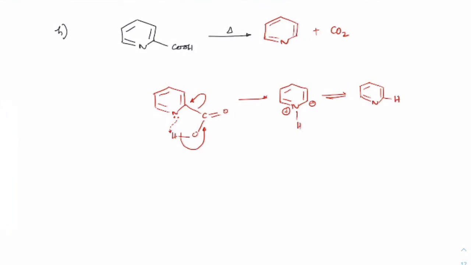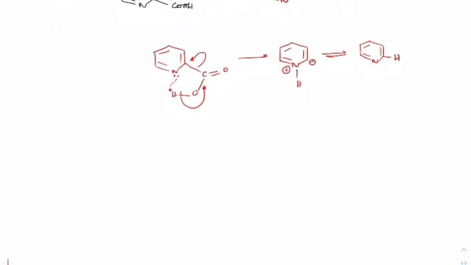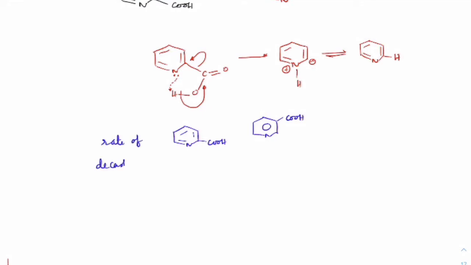Instead of directly giving us this question, you might be asked like, if you have NCOOH, right, and NCOOH, rate of decarboxylation, right? So this will be better. Just on heating, you can remove that CO2. Any doubt there?